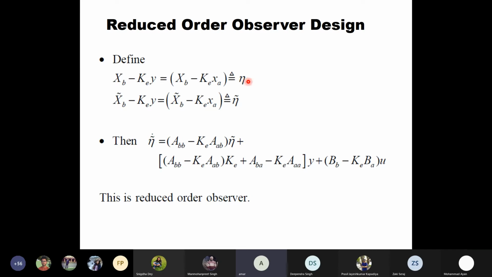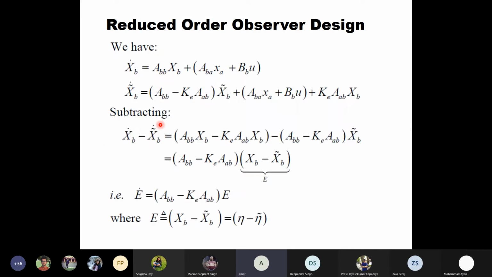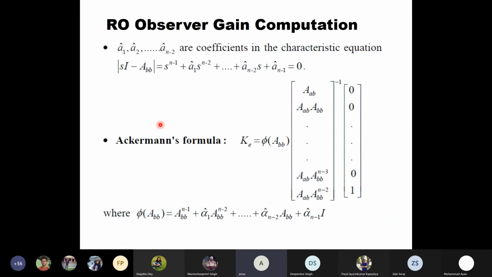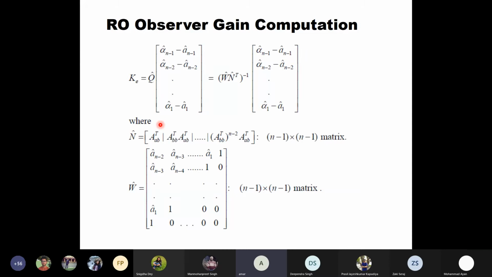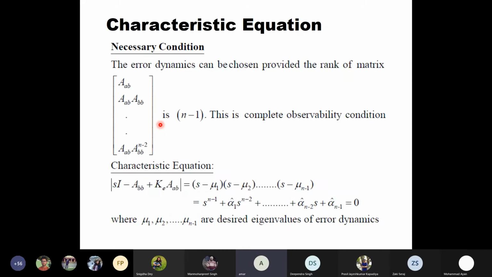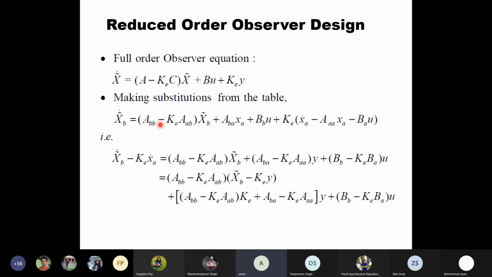From the eta, then again we have to calculate xp, because KE and y are already known to us. y is the measurement, and KE we compute from Ackermann's formula or the Bass-Gura formula. So this is basically the design of the reduced order observer.